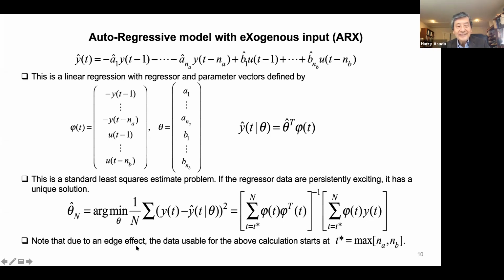You experienced this in the previous assignments, right? So we had to do that, but that's my minor point. The point is that for the ARX, the best predictor is linear regression, and we can apply the least square estimate to get the single unique optimum parameter values.